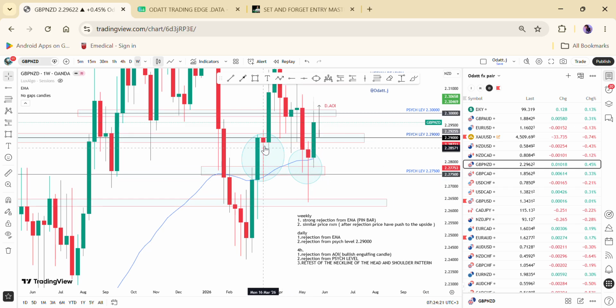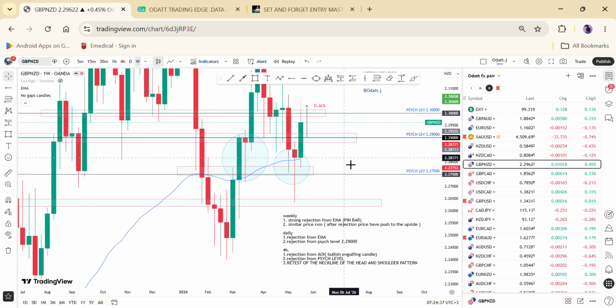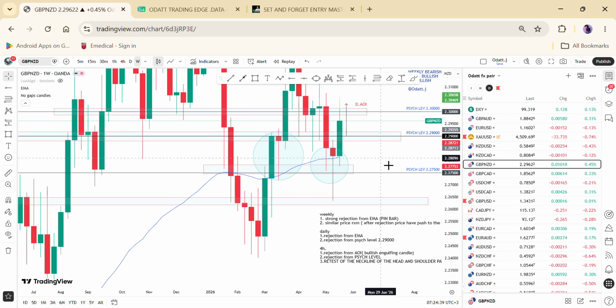Why? Because price has given us indication that we may push a little bit more up before heading to the downside. Another confluence was that it rejected the EMA, and then also here rejected the EMA.